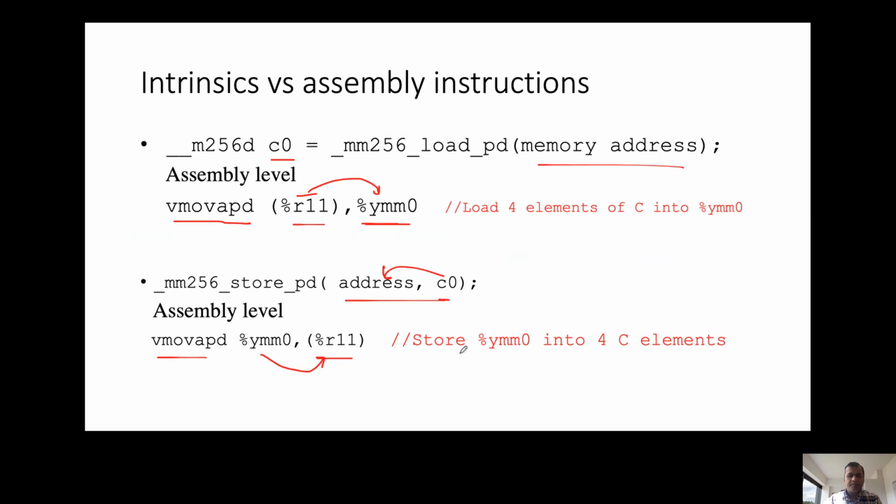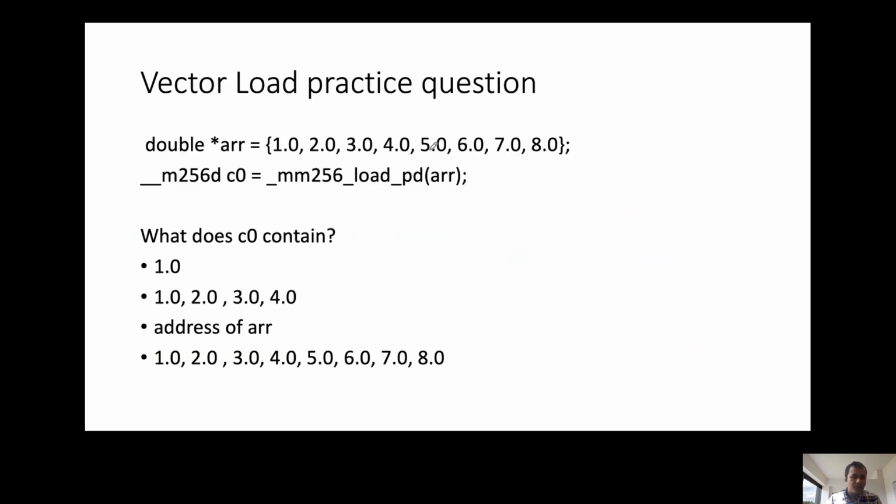All right. Now a practice problem for vector load. So let's discuss what is the answer for this problem. We have an array, a double pointer ARR, and it contains these elements: 1, 2, 3, 4, 5, 6, 7, 8.